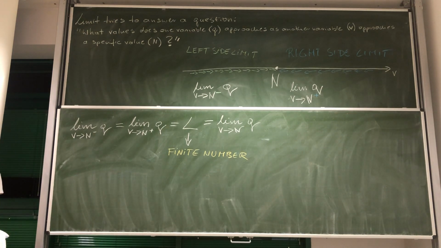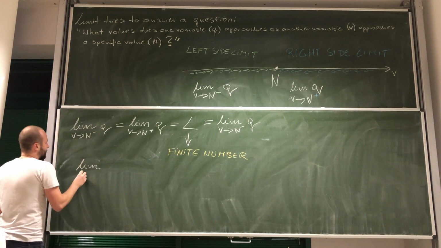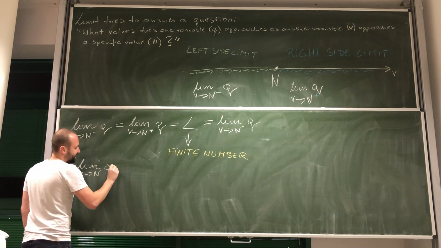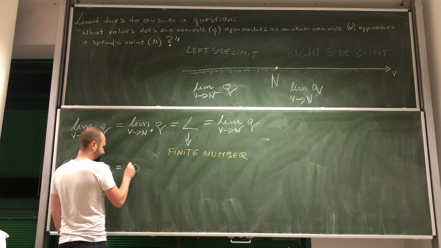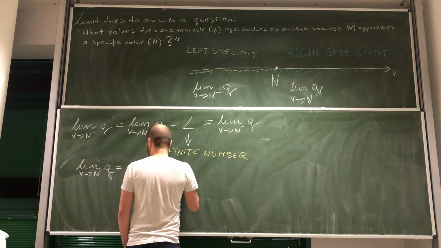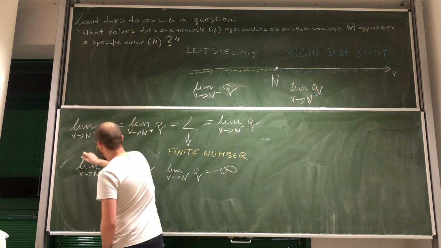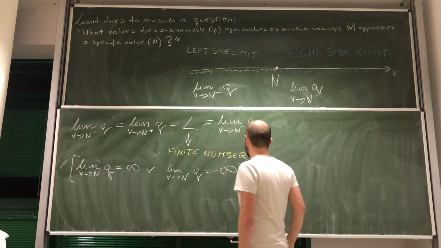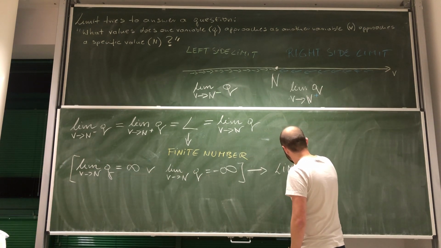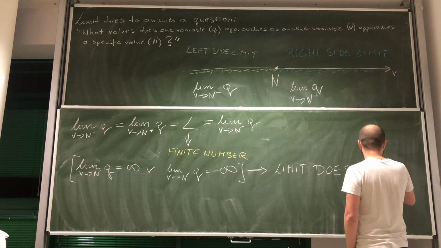Now look, if it's going to happen that the limit with v approaching n from the right is equal to infinity, or the limit with v approaching n from the left is equal to negative infinity, then this implies that the limit does not exist.